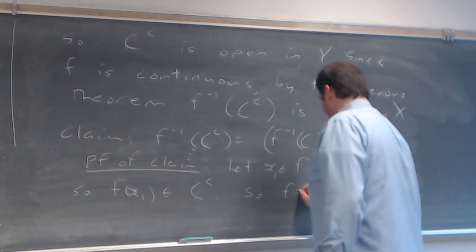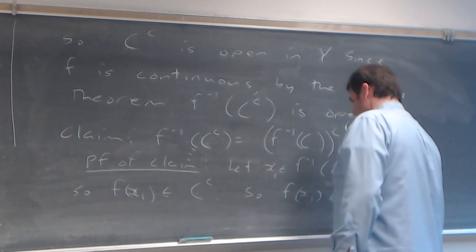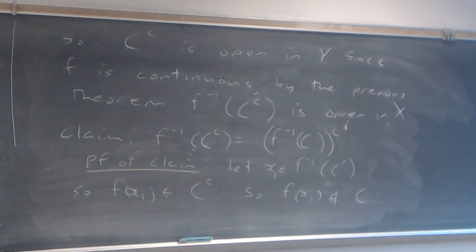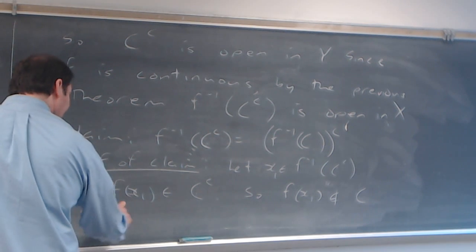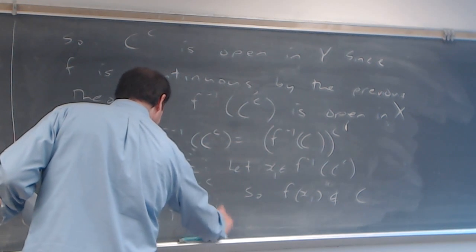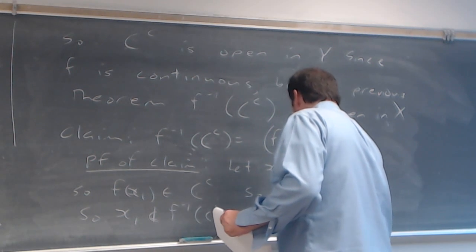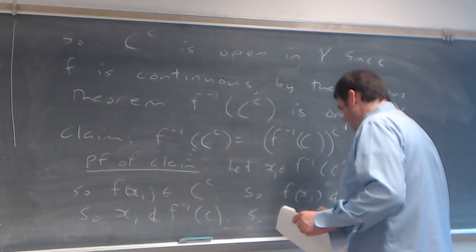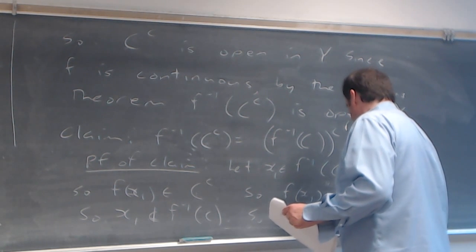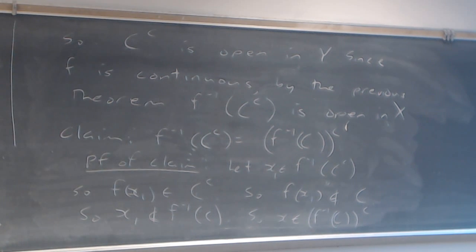So that means that F of x sub 1 is not an element of C. So that means that x sub 1 cannot be an element of the inverse image of C. So that means that x sub 1 is an element of the complement of the inverse image of C, that's what it means.